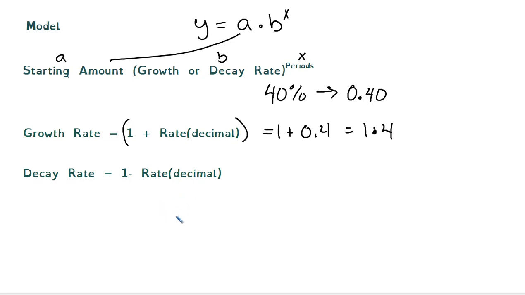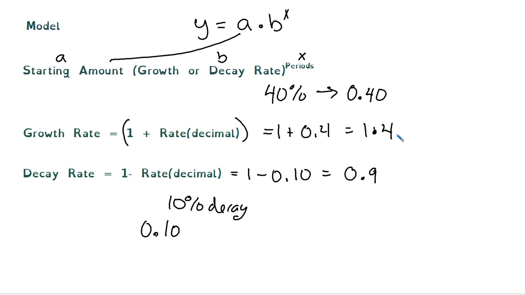If I had a decay rate of 10%, I first change that into a decimal, 0.10, and then I do 1 minus that number, and that gives me my decay factor, which is 9/10. Growth should always be greater than 1. Decay should always be between 0 and 1.